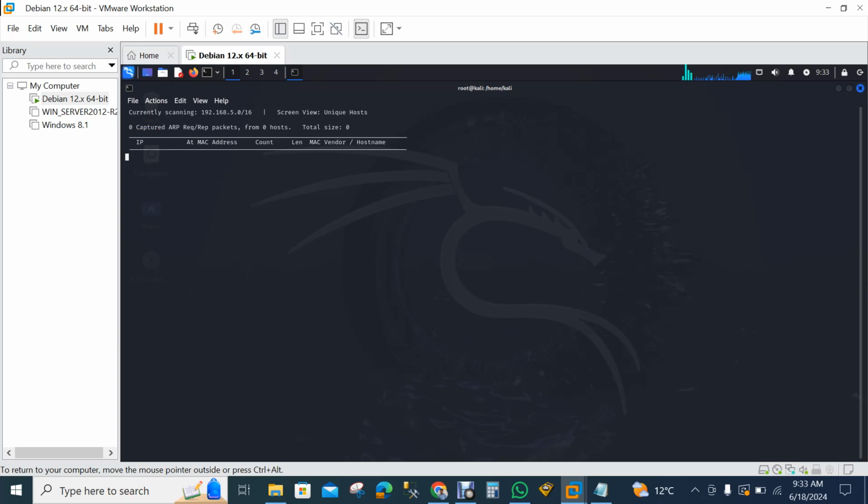Based on our networks, we can use the nmap command with the already shown networks from our display. Here we have our first network, and this IP address is 192.168.254.1, and from here we will find the MAC address and IP address.